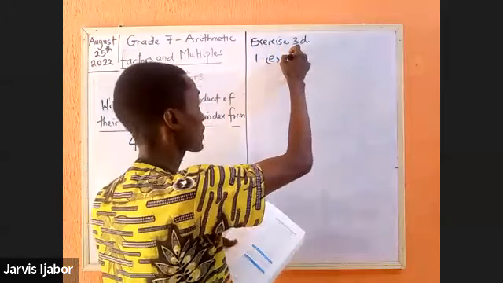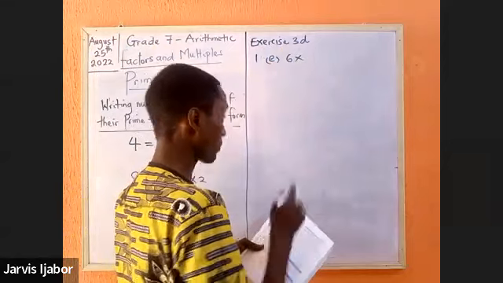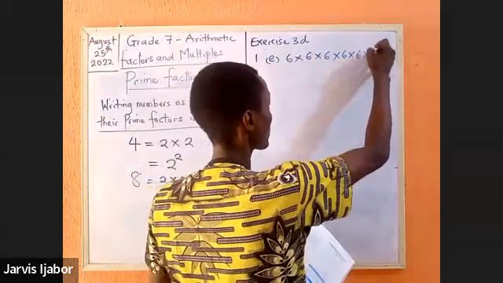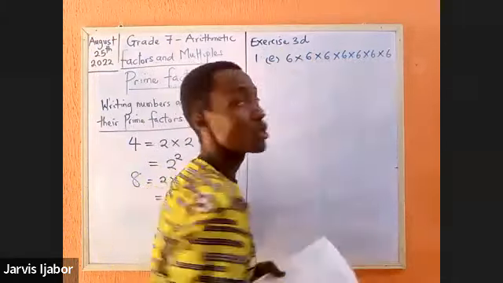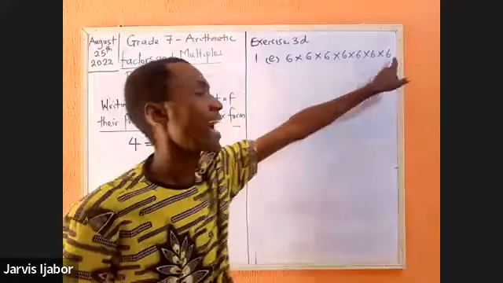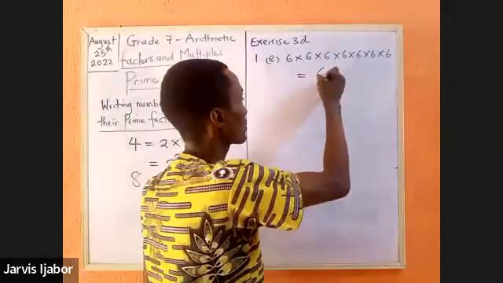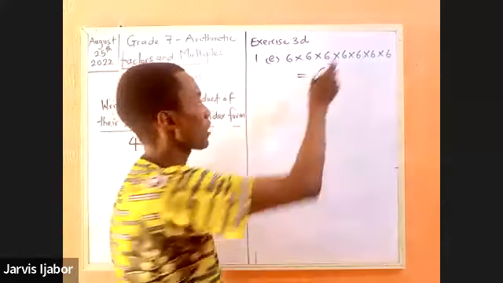I'll just take number 1E. It says 6. How many times? 1, 2, 3, 4, 5, 6, 7. If I'm right, 6 times 6 times 6 times 6 times 6 times 6 times 6. 1, 2, 3, 4, 5, 6, 7. So 6 is multiplied 7 times. It will mean that the answer is what? 6 index 7, or 6 raised to the power of 7.